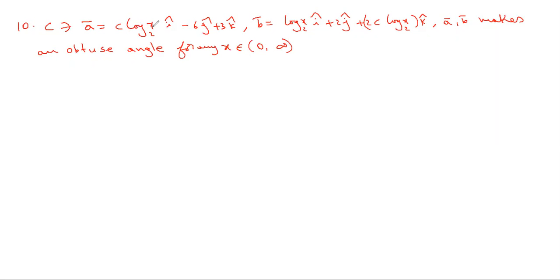See, here log x is there, so automatically the domain becomes positive numbers. If x is positive, then only it is defined. So throughout its domain, the angle between these two vectors should be obtuse.